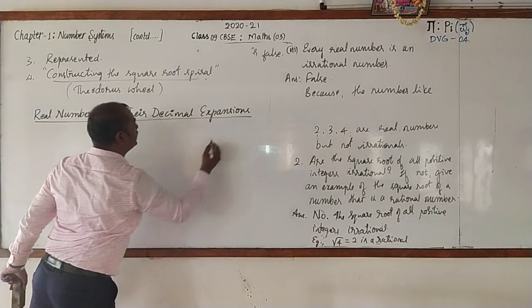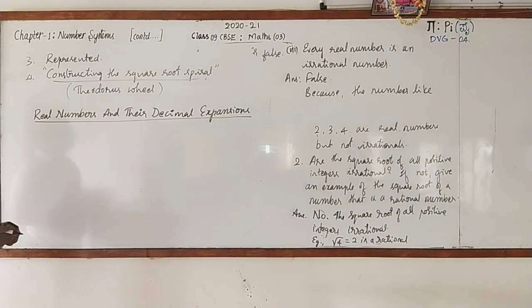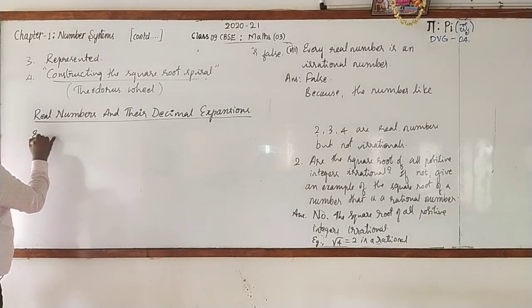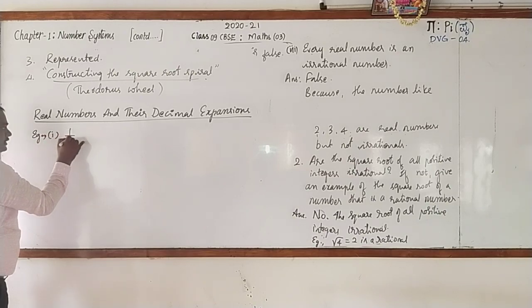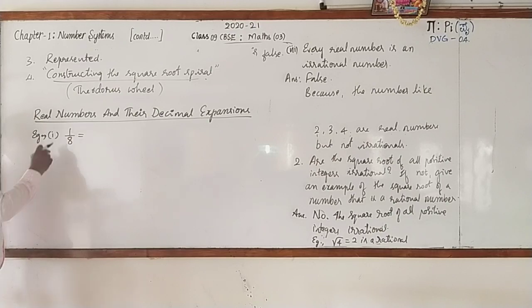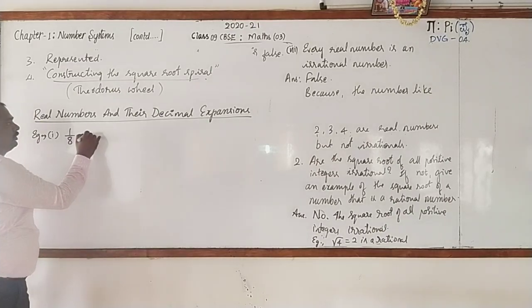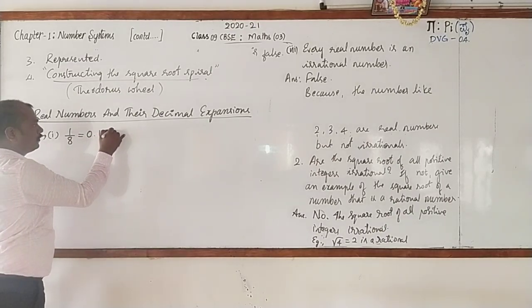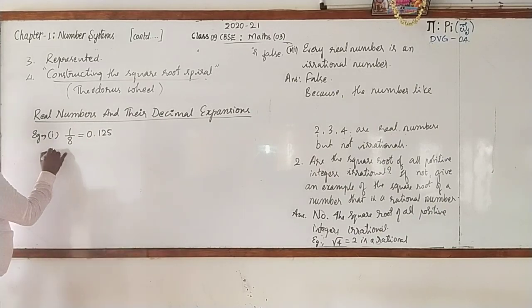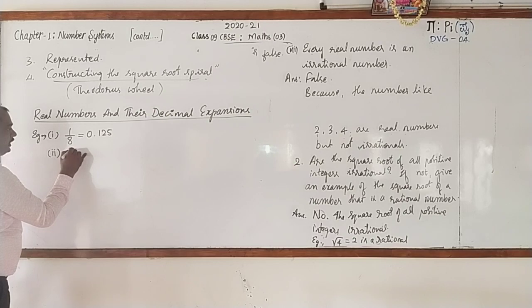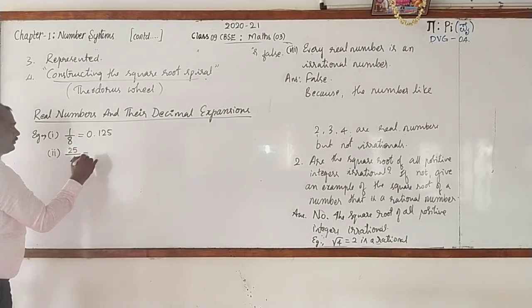Let me go for taking some of the examples. Keep observing them. Example, first one, it is 1 by 8. What is the value of this? On dividing 1 by 8, you will get 0.125. Second one, you may go for taking 25 by 4.